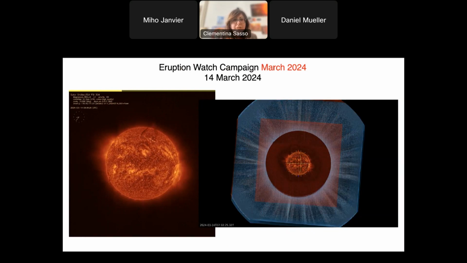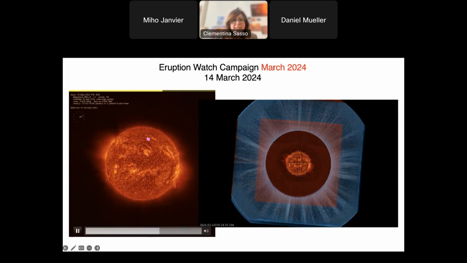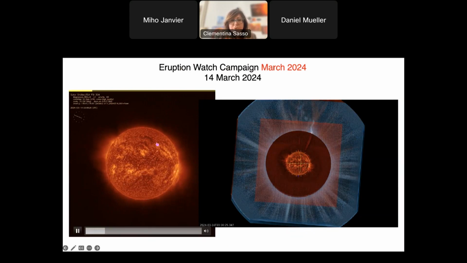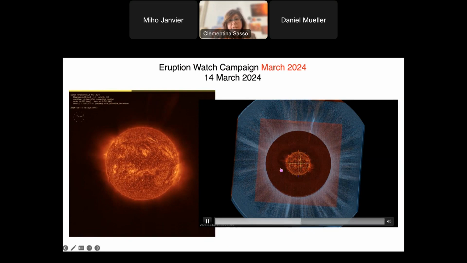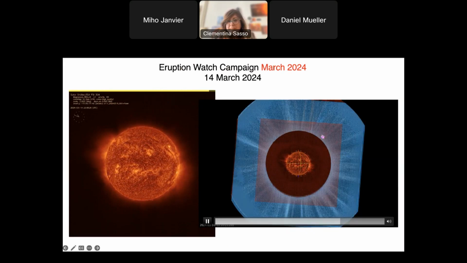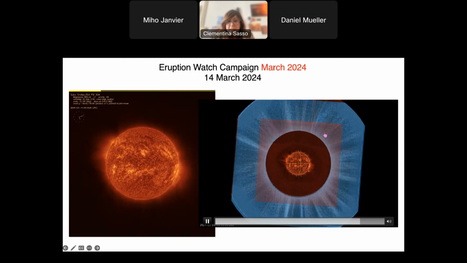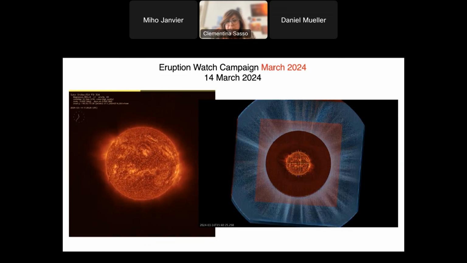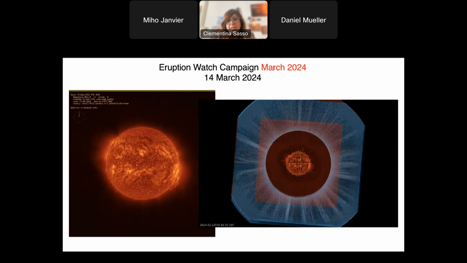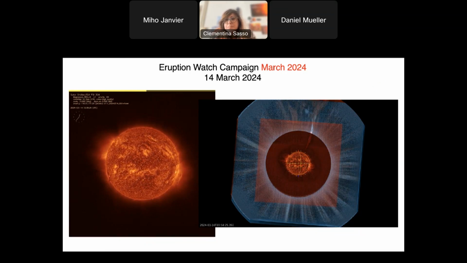Here we see a filament eruption in the EUI instrument. You really see this huge filament that is erupting. And here on the right, I made a composite of EUI plus the two Metis channels. So you can see that after the eruption, you first see the front of the CME entering the visible light channel, the red one.